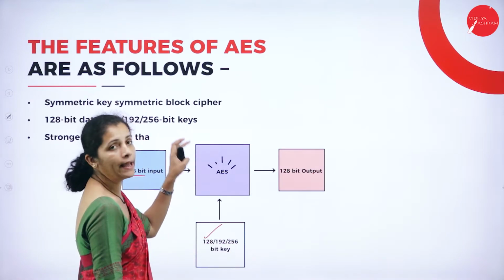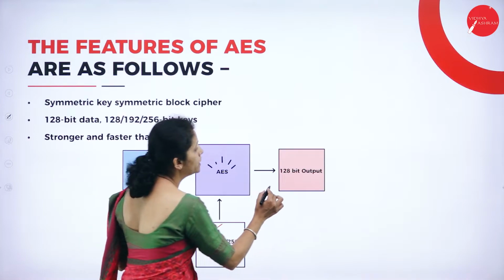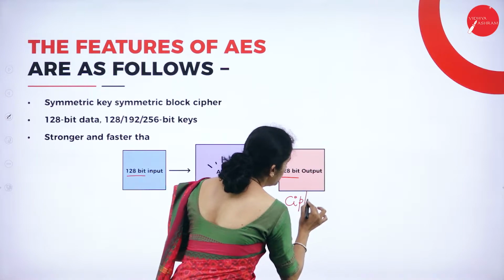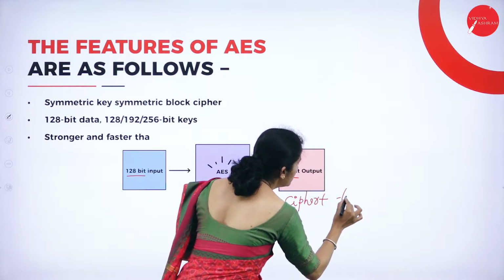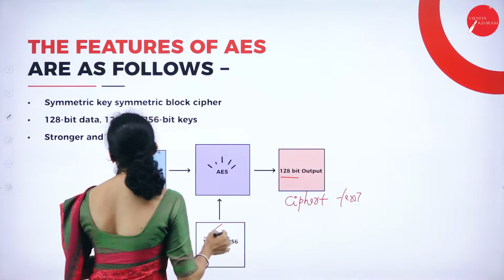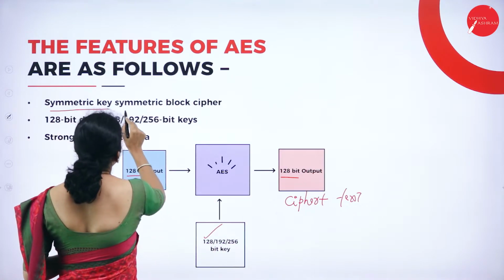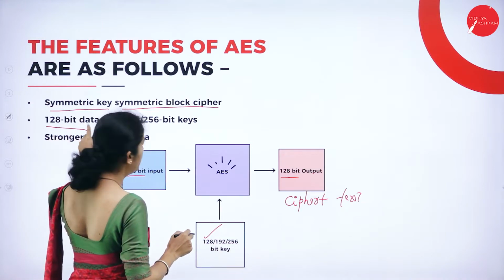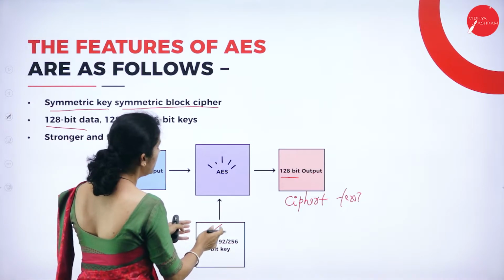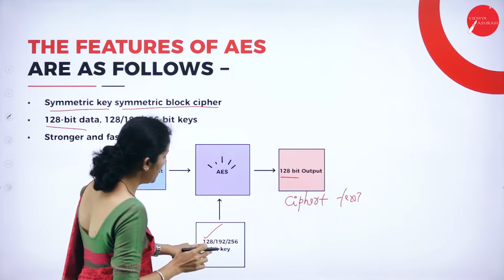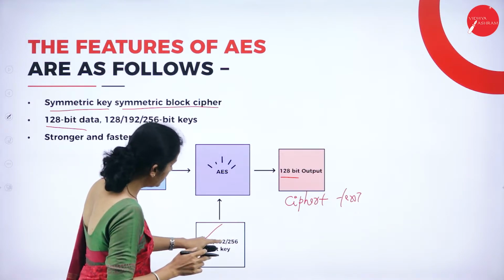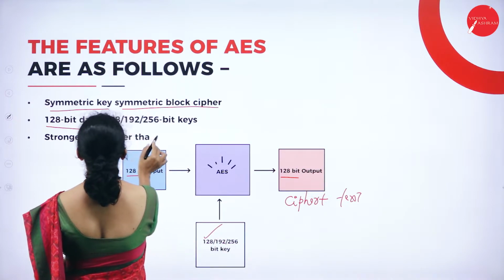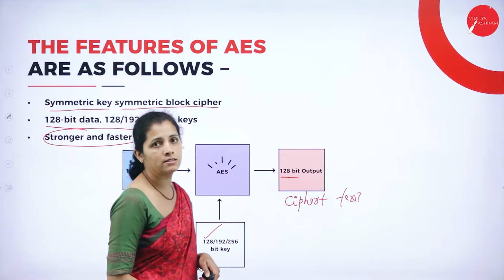And when I apply the encryption algorithm, I'm going to get 128-bit cipher text. So here, symmetric key, symmetric block cipher, it uses 128-bit data. Along with that, I can use 128-bit or 192-bit or 256-bit keys. So it is stronger as well as faster.